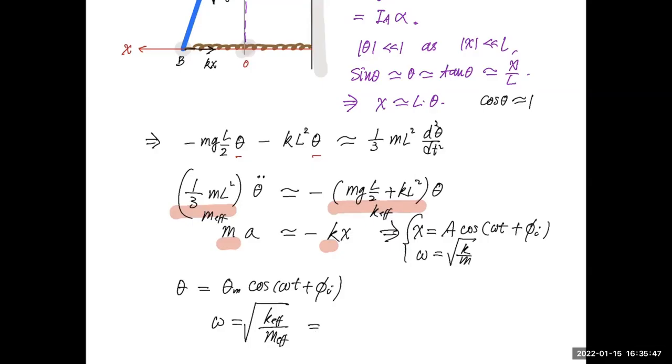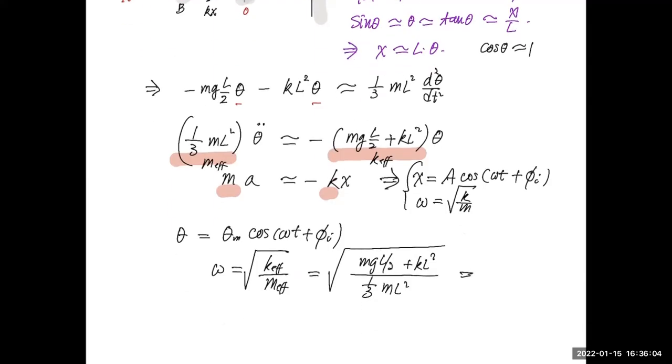Yeah, k effective is just this constant, mg L over 2 plus k L squared. Then I have to divide this by m effective, which is 1/3 m L squared. Once you know that, you can find T. So T is equal to 2 pi over omega, and you can work that out. So indeed, this is a simple harmonic oscillation.